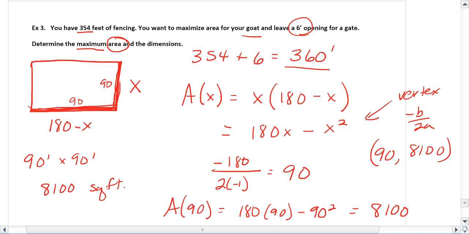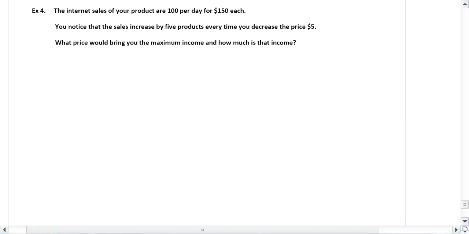All right, this is the problem where I picture you in your college dorm room when you started an online business and you're selling whatever product, and you want to get the maximum income as any business owner would. So you have some information here. You're selling right now 100 of your items per day, and you're selling them at $150 each.